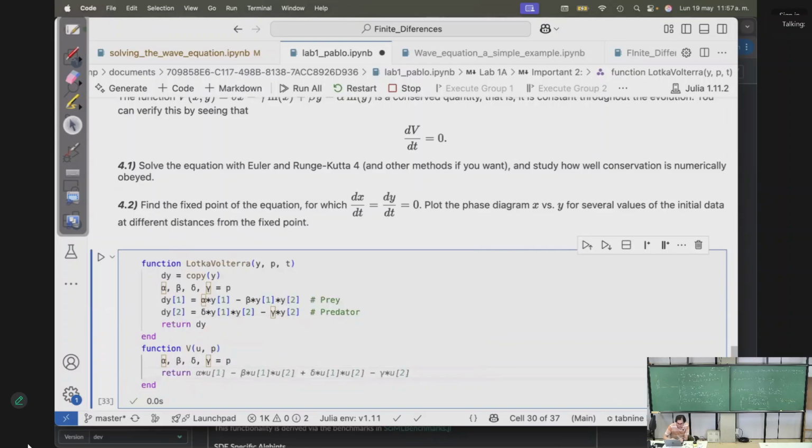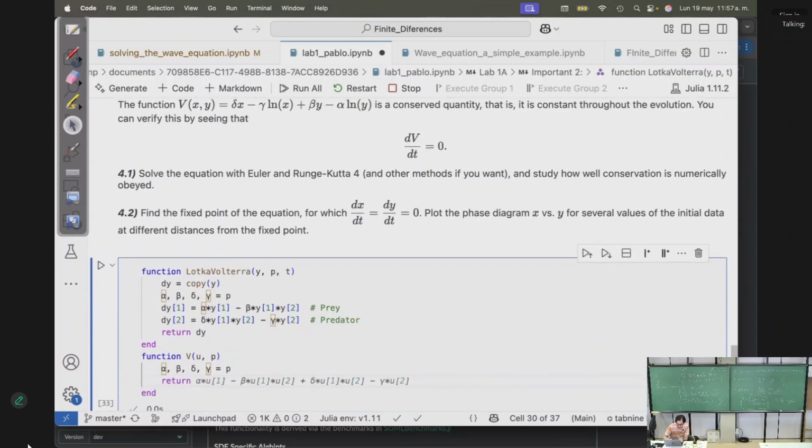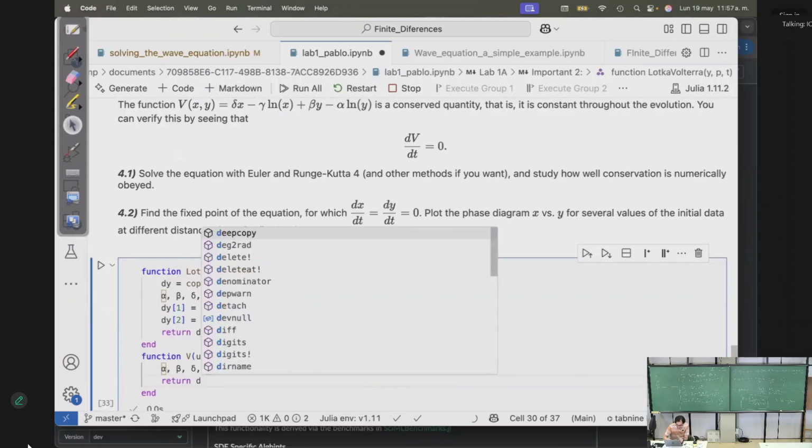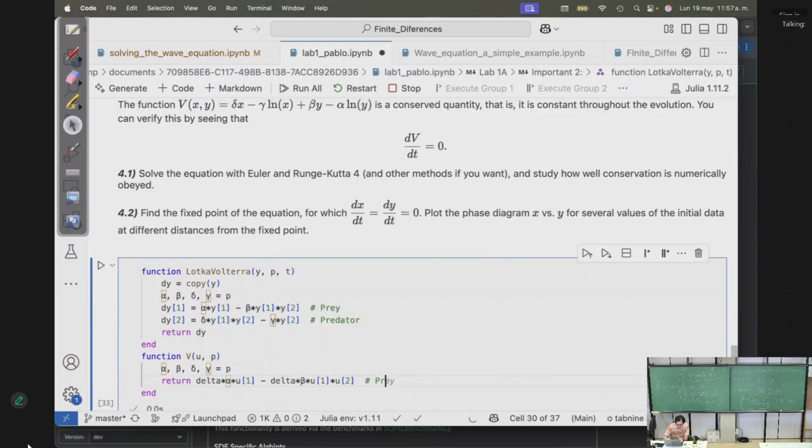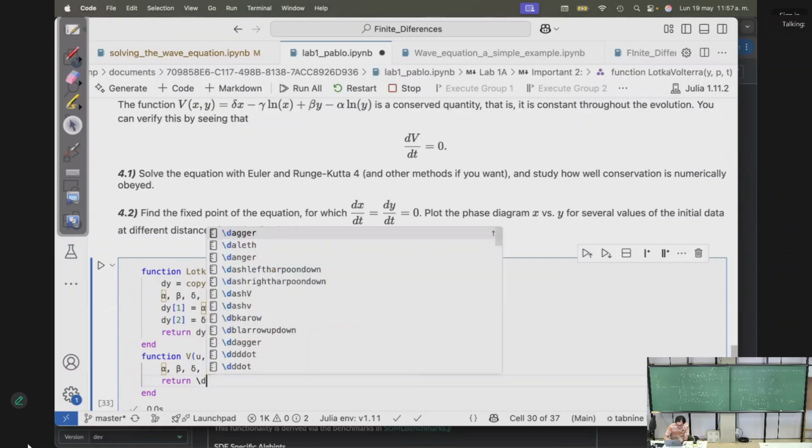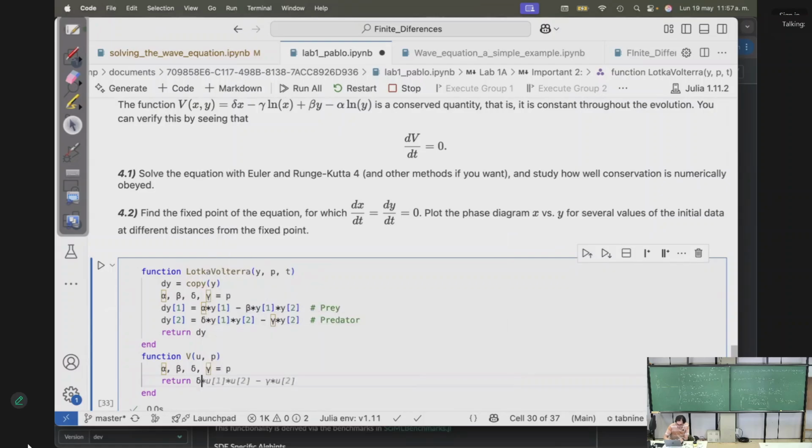Return, and we will have to do delta times, and here we do x equals u1 and y equals u2.